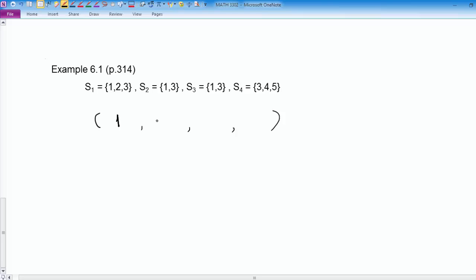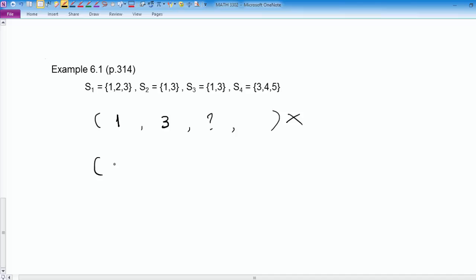So here we couldn't have 1, therefore we need to have 3, because this element has to be an element from S2. Now if 3 is here, look at what happens when we try to select an element for the third entry. There is none we can enter here, because 1 has been used in the first entry, 3 has been used in the second entry. So this doesn't work.